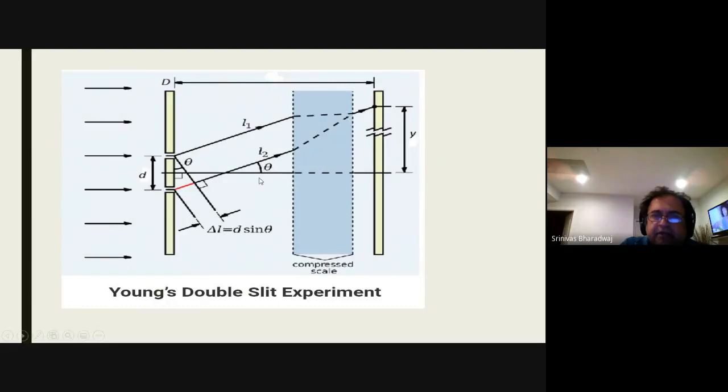Okay, so now at this angle theta, this makes an angle theta with the normal. So at this angle theta, how far does the light have to travel? D is the distance between these two, right? d sine theta is the distance traveled. D divided by L is sine theta.